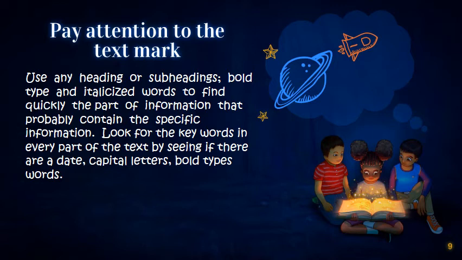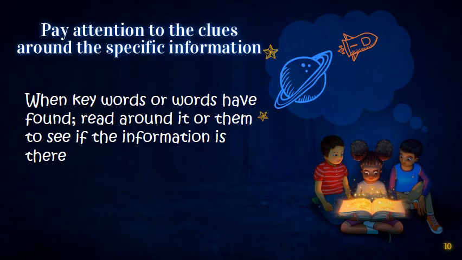Nah, itu bentuk contoh dari specific information yang bisa saja ada di situ, atau itu hanya sebuah clue, bisa juga. So you have to pay very close attention to it. Pay attention to the clues around the specific information.